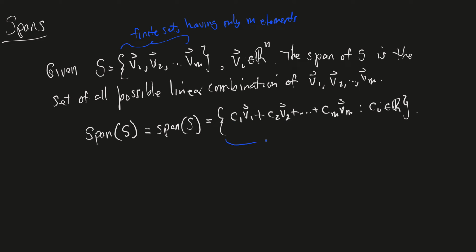So this set now is an infinite set. We start with a finite set of elements, and through all possible combinations, we generate something that's now infinite. So we go from the finite to the infinite.